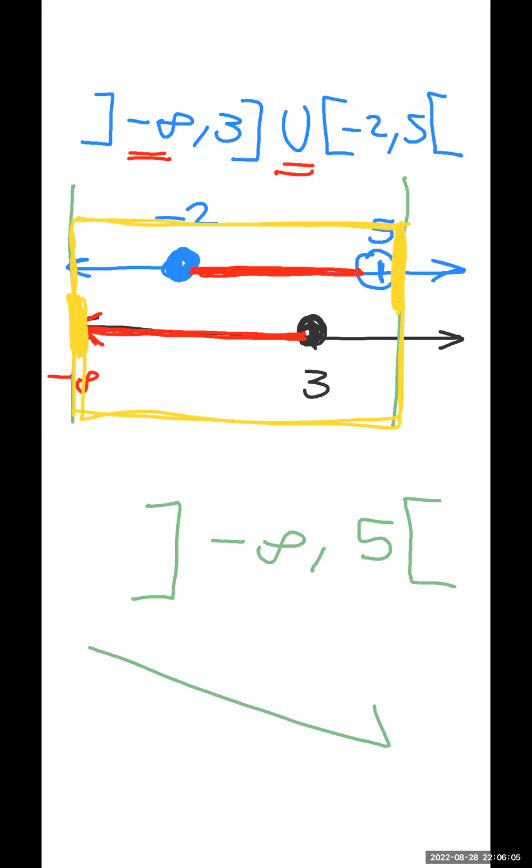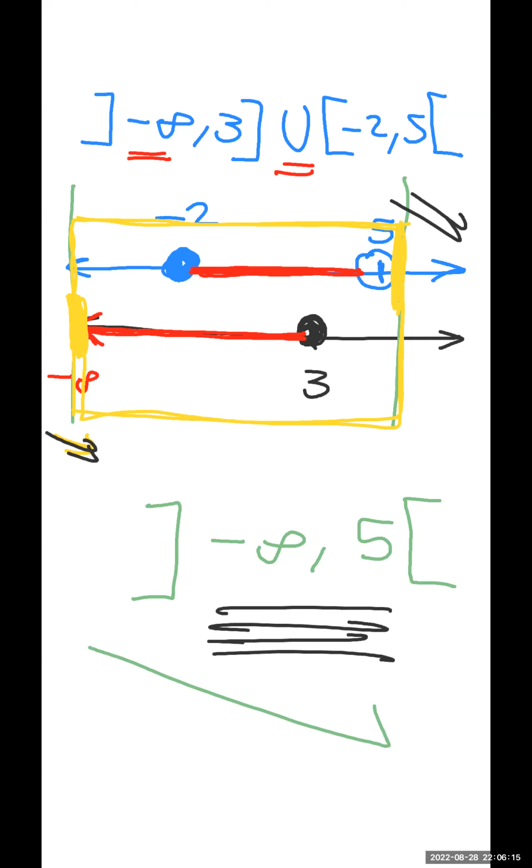Negative infinity and 5. Then I wrote negative infinity and 5. By default, negative infinity is open. Never write down that it was closed, negative or positive infinity. Then I check 5. Is it open or closed? Open, then open. That's it.